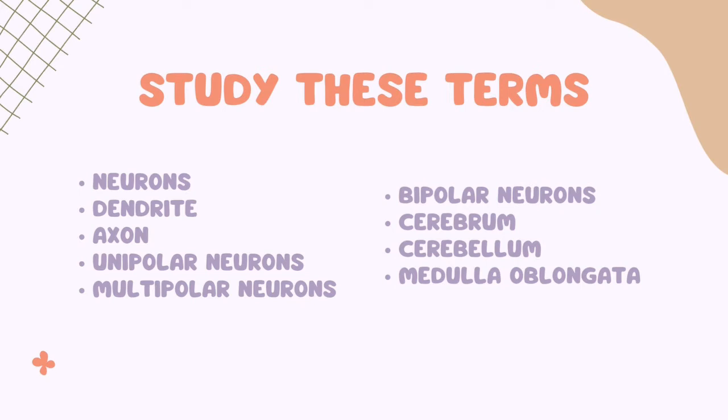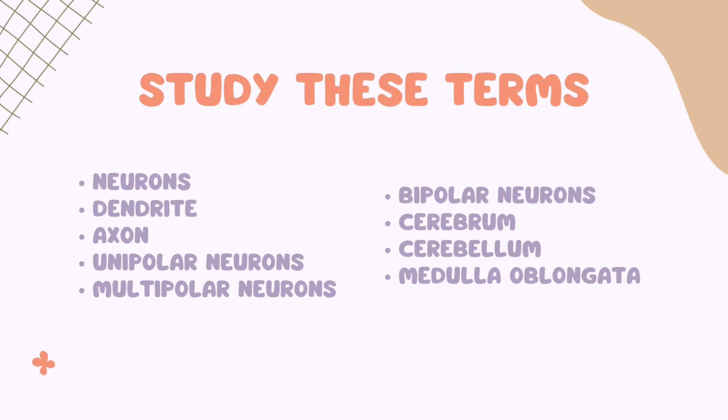It serves as the receiver of signals. Next we have the axon. Axon serves as the carrier of the signals to other neurons or cells. Next one is the unipolar neurons. Unipolar neurons are sensory neurons which receive the stimuli.